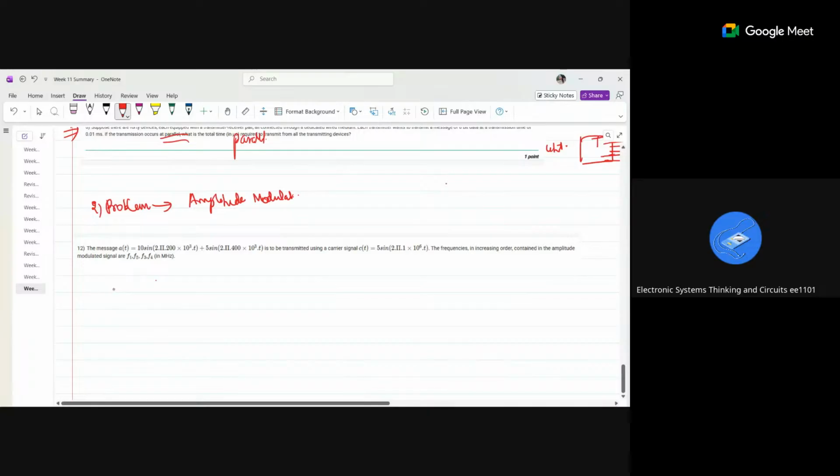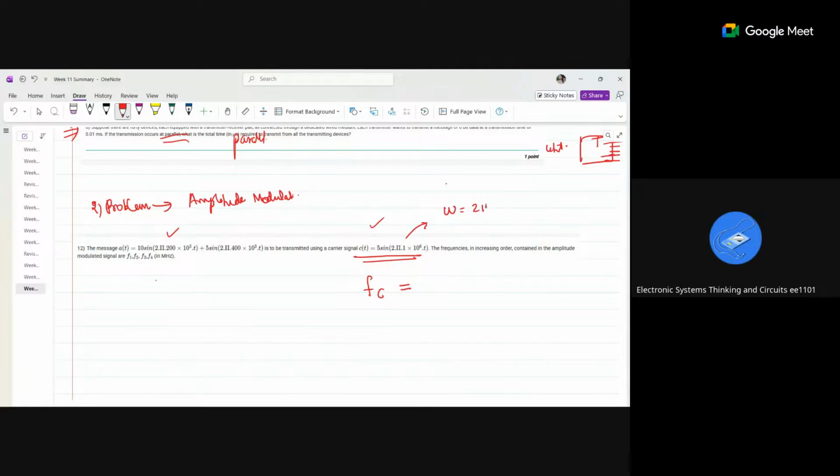So basically the message signal is there and there is a carrier signal. What is the carrier frequency? This is the carrier signal.